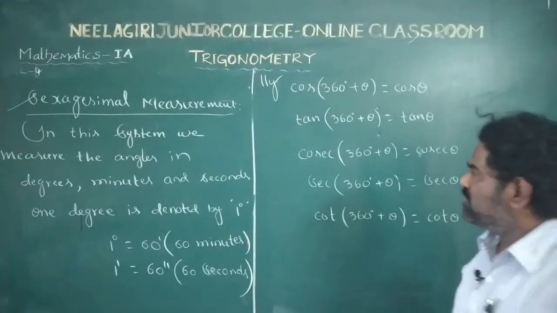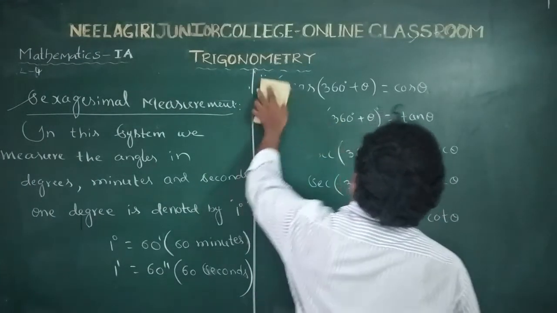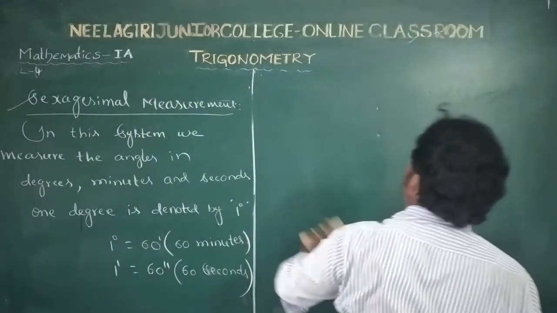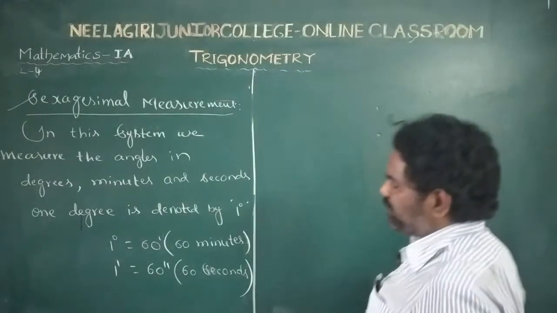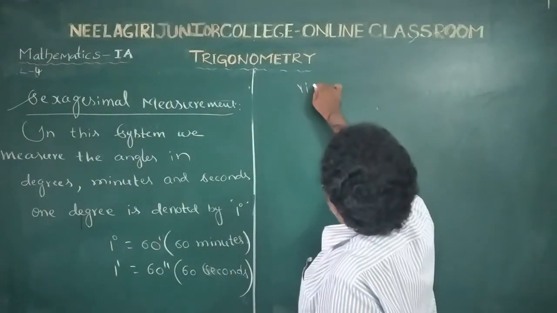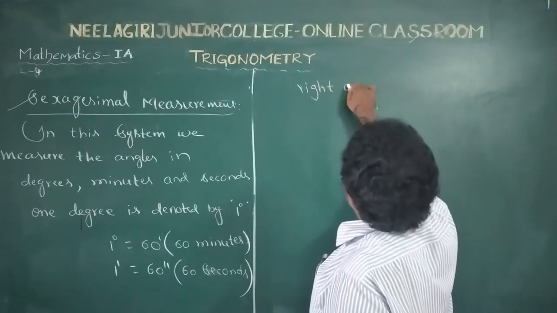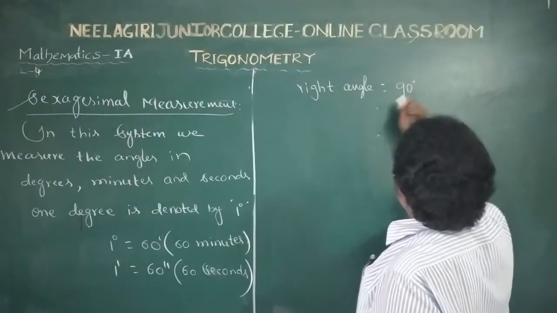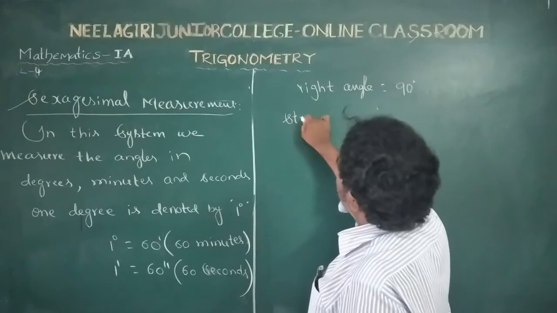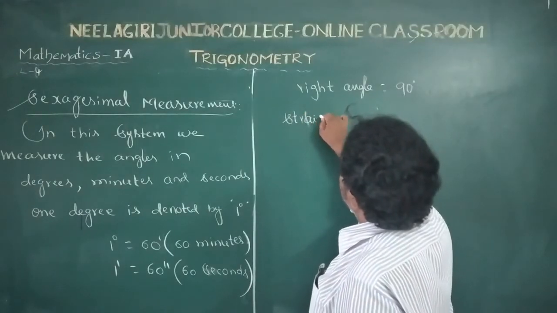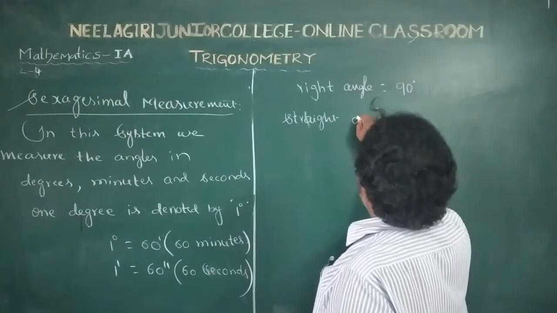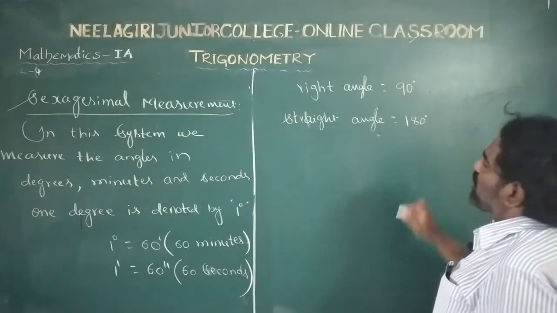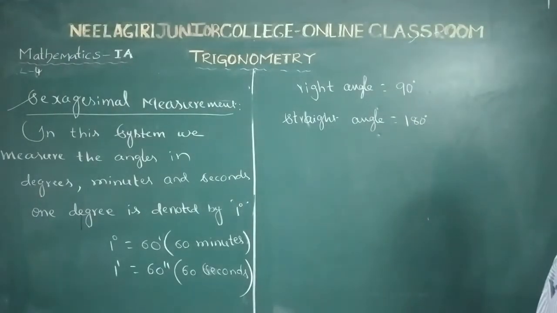One more thing, a right angle equals 90 degrees. A straight angle equals 180 degrees, like this, in sexagesimal measurement.